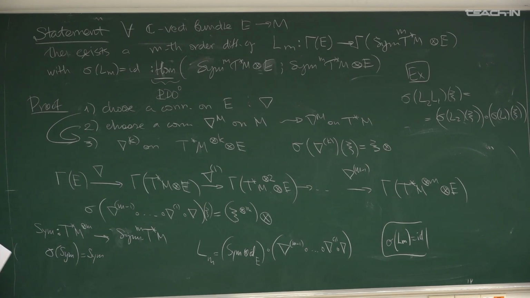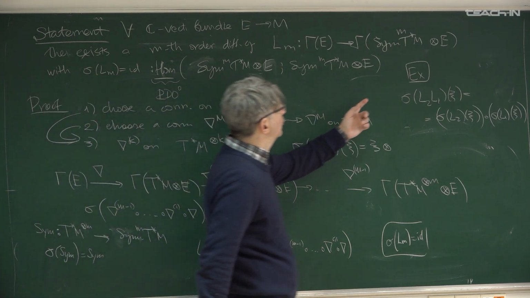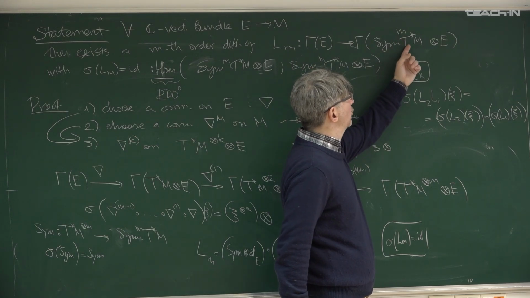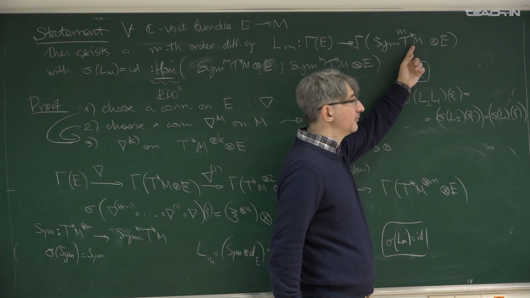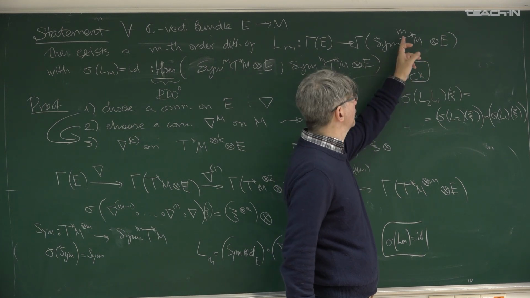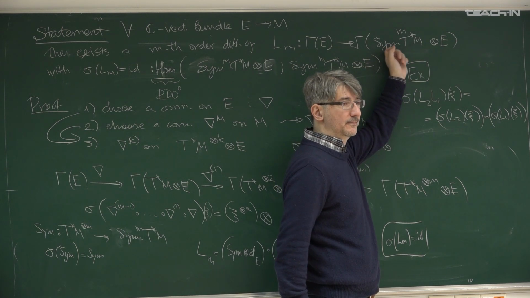Okay, let's go back. What happens when you calculate symbol? Each appearance of partial derivative gives you one copy of cotangent bundle. So if you have operator of zero order, you have no this object here.